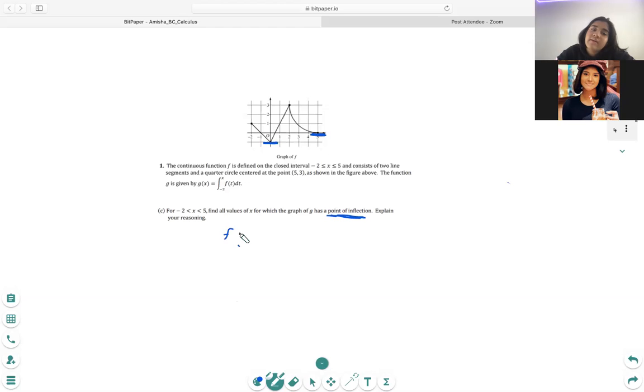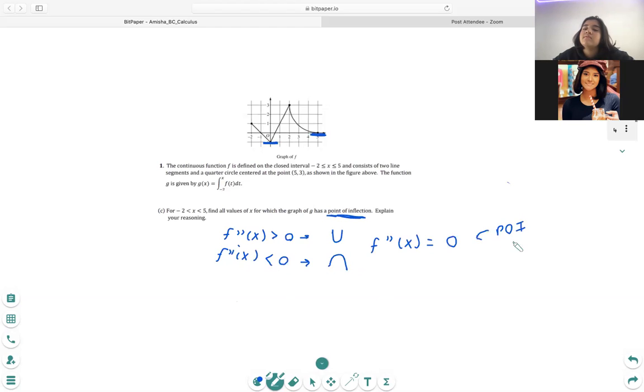If f double prime of x is greater than 0, we are concave up, and if f double prime of x is less than 0, it will be concave down. And if f double prime of x equals 0, we have a POI. This is the condition that we are concerned about in this question.